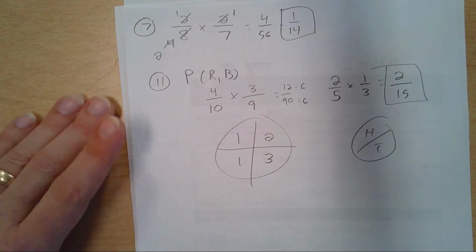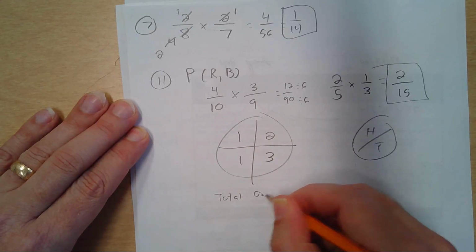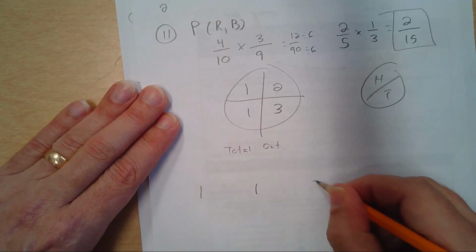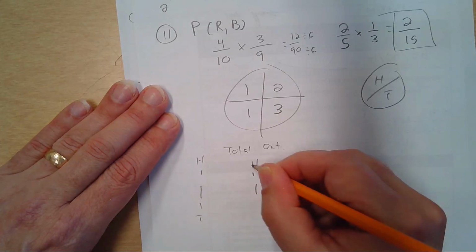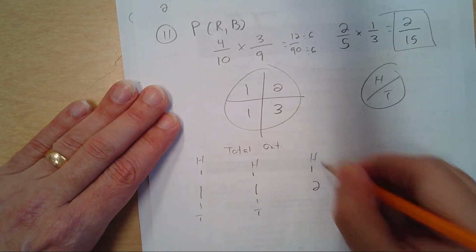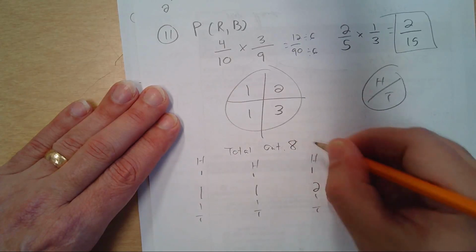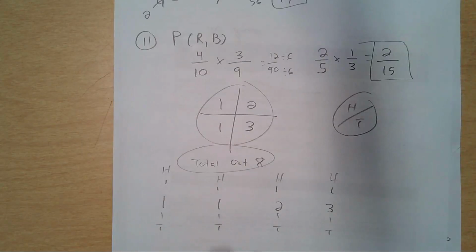So anyway, if I build a tree diagram showing total outcomes, anybody have an idea how many total outcomes we got? 8 total, 6 different. 1, 2, 3, and then heads, tails, heads, tails, heads, tails, heads, and tails. Total outcomes. I did it the other way around. Yeah, that's fine. You can do tails and heads either way, that's fine too.